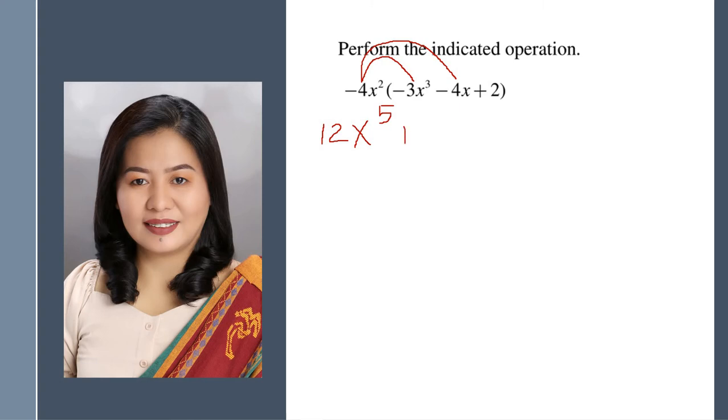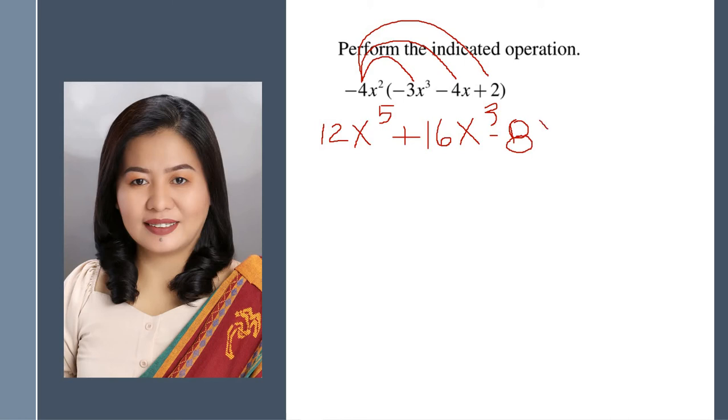So next is negative 4x times negative 4x. So that gives us a positive 16x cubed. And negative 4 times 2, that gives us a positive 8. No, that's not a positive. A negative times a positive is a negative 8.